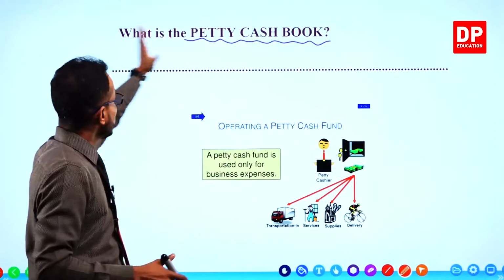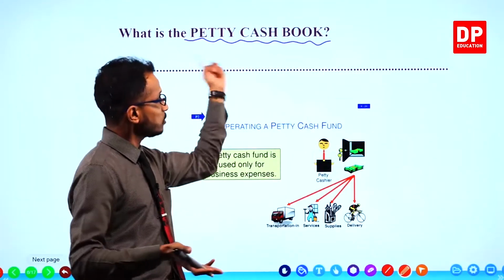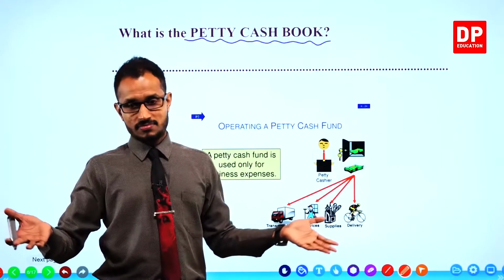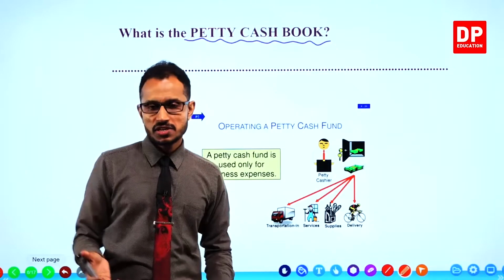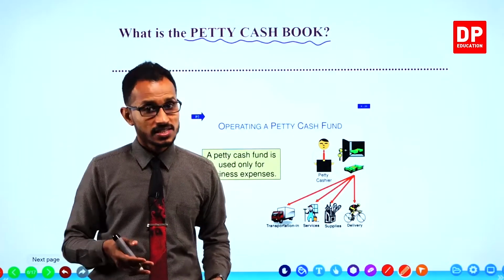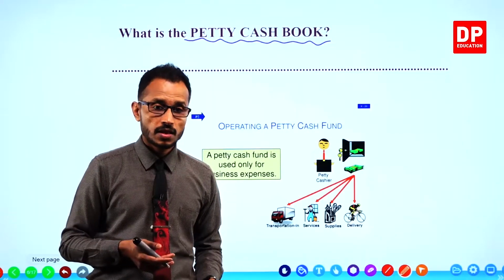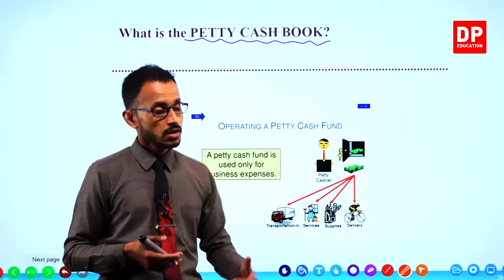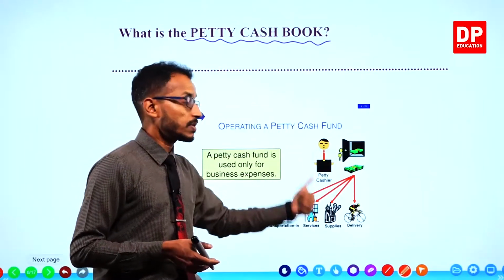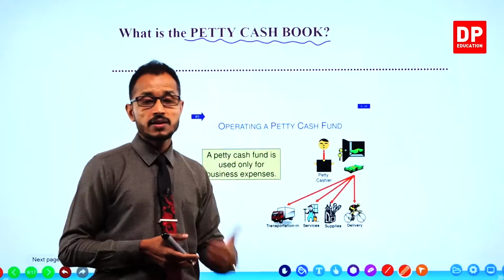Okay, this petty cash book is handled by the petty cashier. He uses the petty cash book to record petty cash transactions. Just like the main cashier has the main cash book, which we learned in the earlier sessions, and how the cash book is prepared.